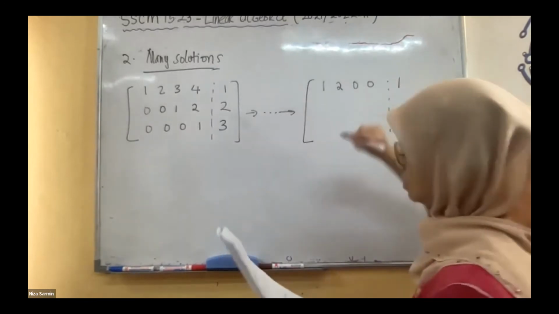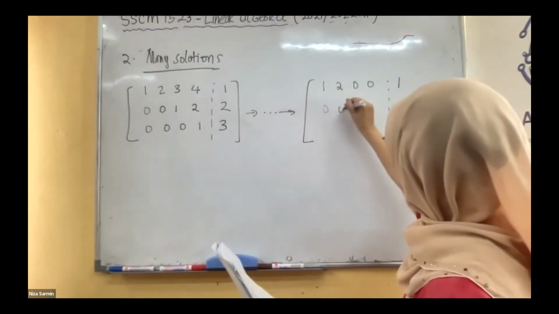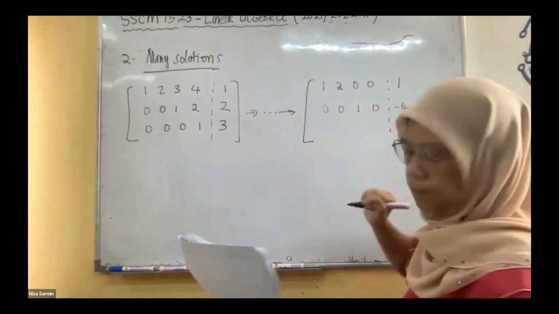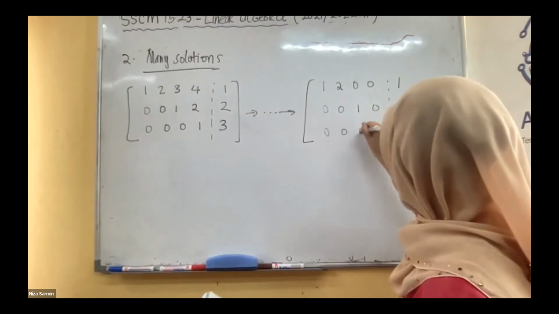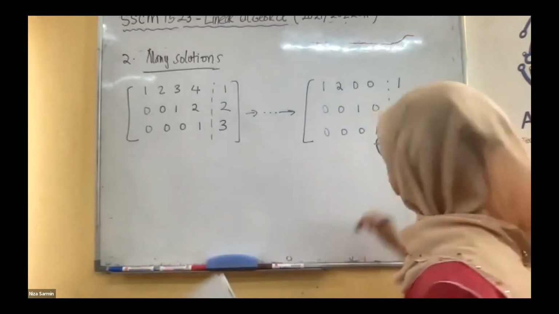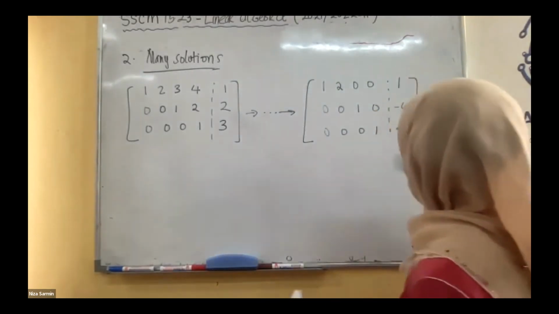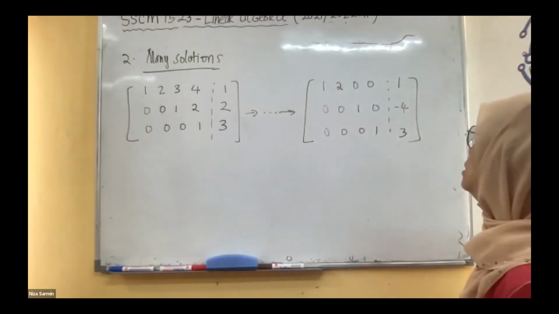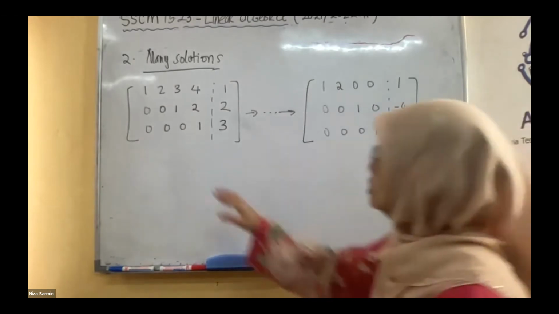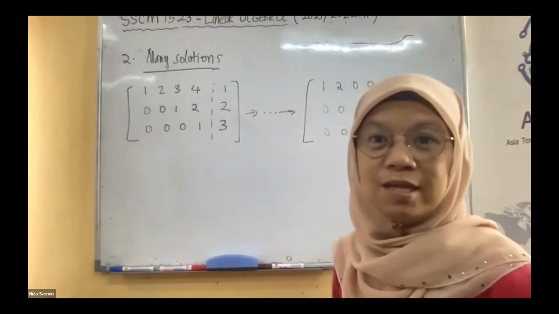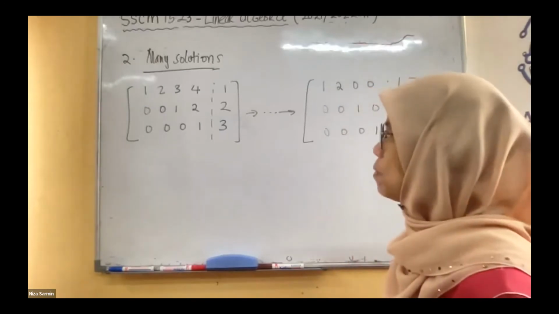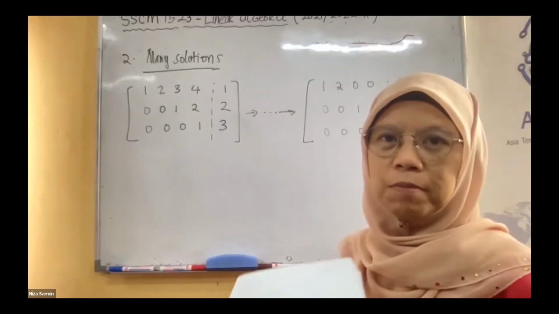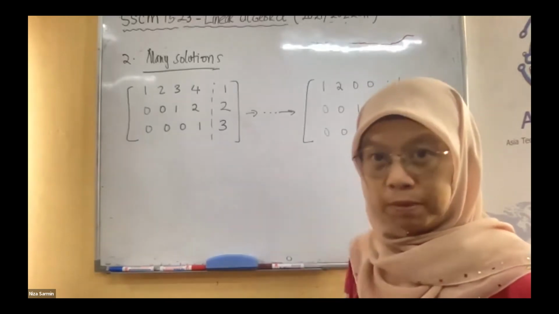I skipped the step, but you have to do it. 0, 0, 1, 0, negative 4. 0, 0, 0, 1, 3. Okay, so this is 3 by 4. Definitely cannot get a unique solution, it's less. So maybe no solution, maybe many solutions.